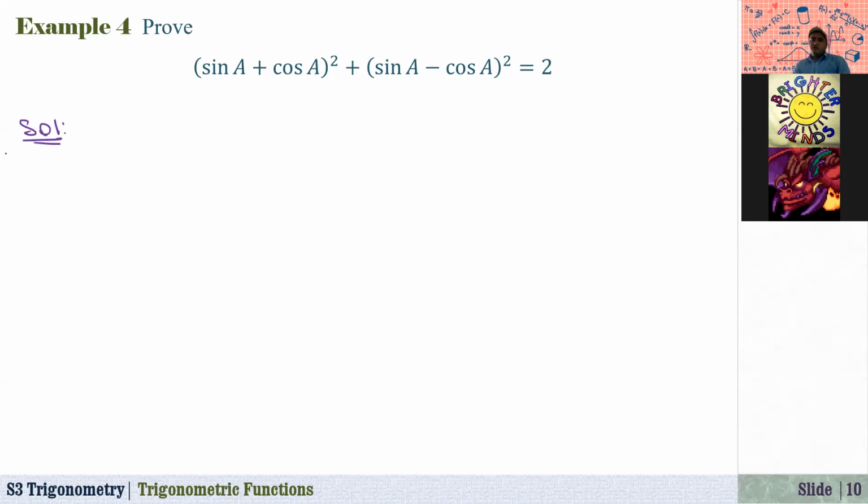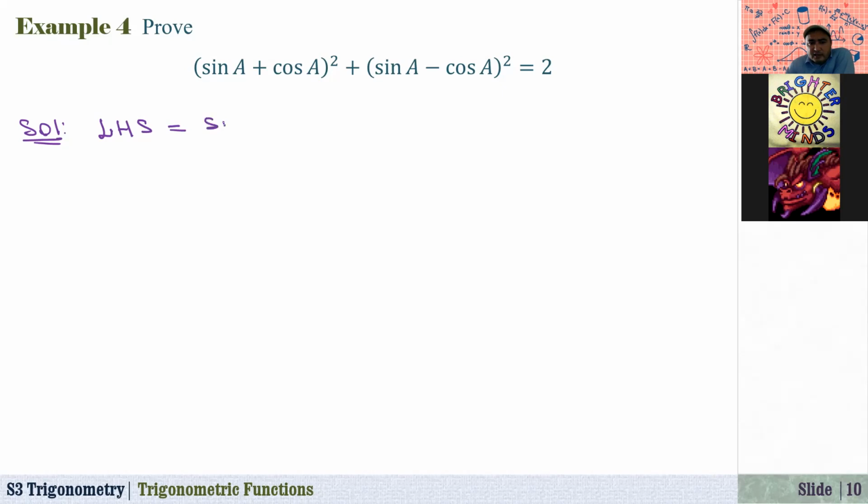We have to first show that the left-hand side is equal to the right-hand side. So I have to simplify the left-hand side so that it will give us the right-hand side. Let me just start from the left-hand side. Immediately let's expand them.